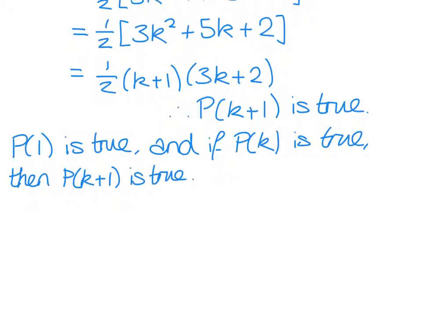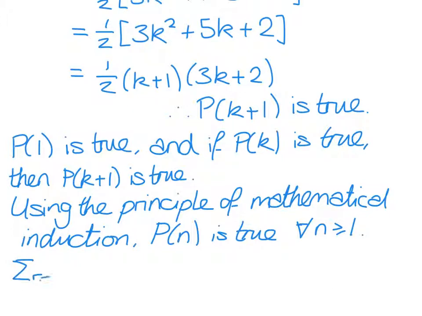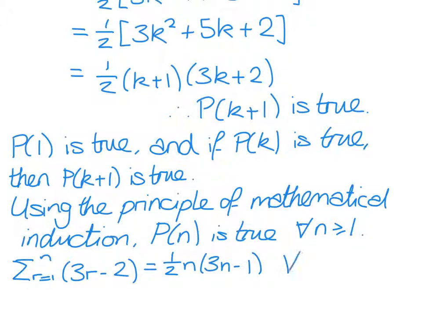So using the principle of mathematical induction, Pn is true for all n greater than or equal to 1. That is, the sum from r equals 1 to n of 3r minus 2 equals a half times n times 3n minus 1 for all n greater than or equal to 1.